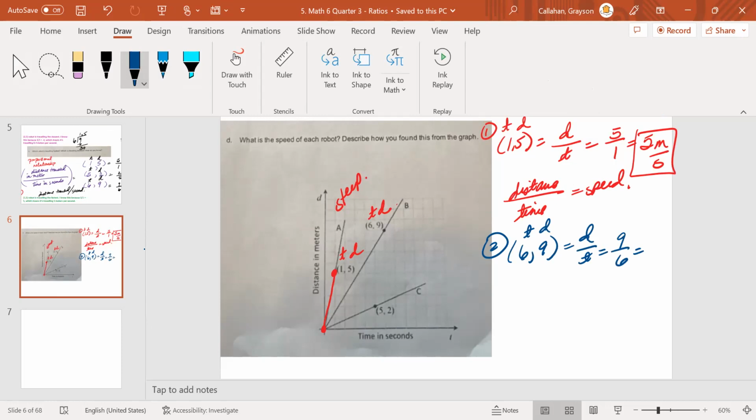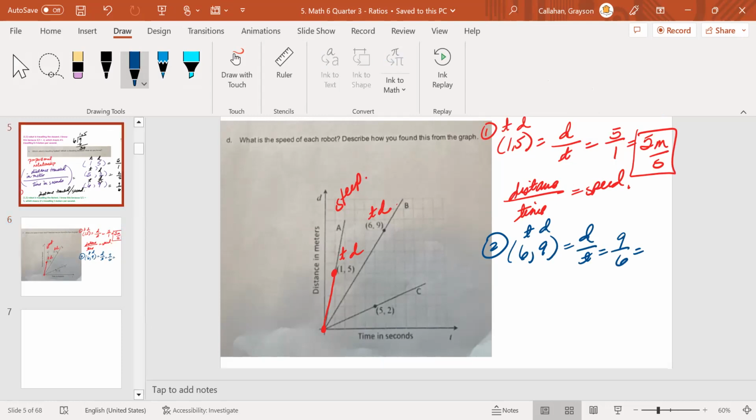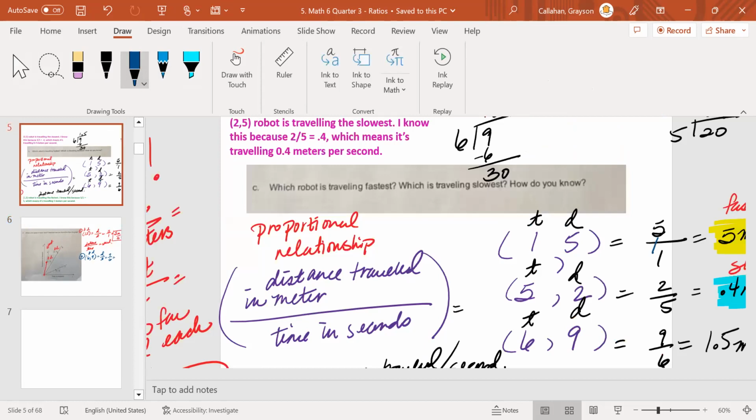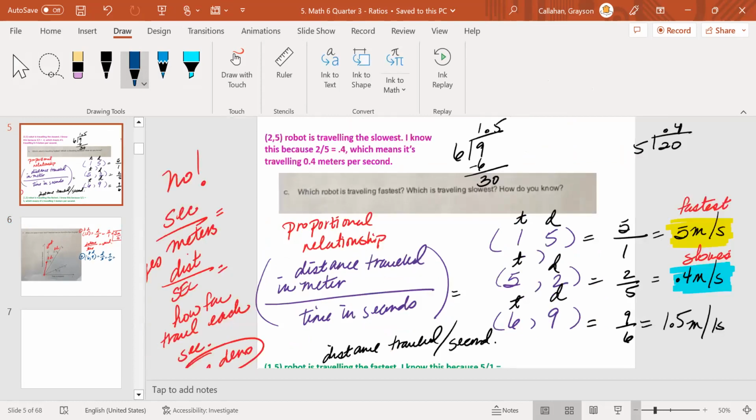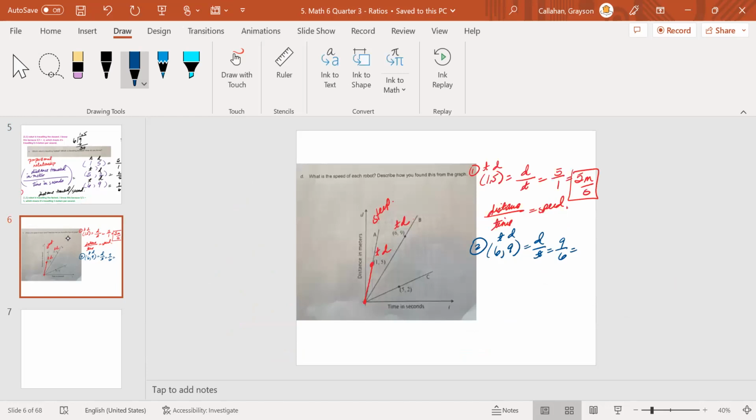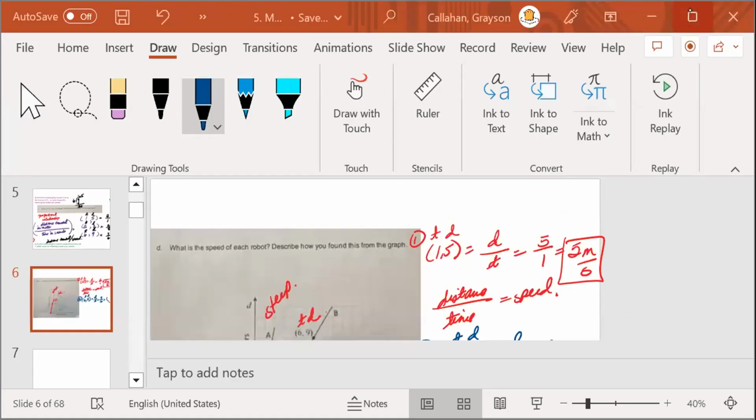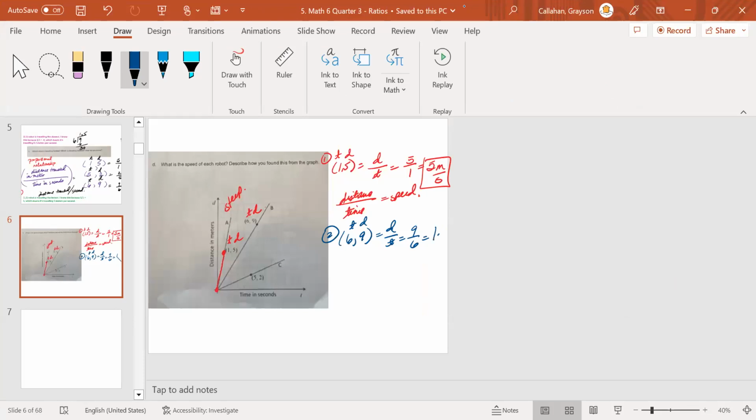1.5, yeah. Which was 1.5. What just happened here? Why is it disappearing?